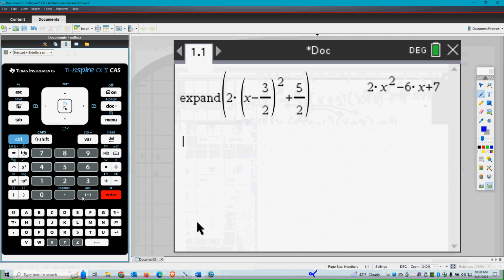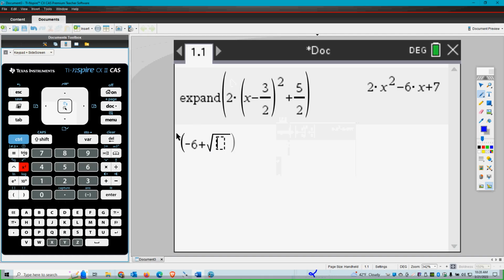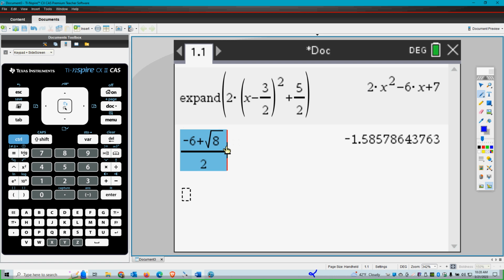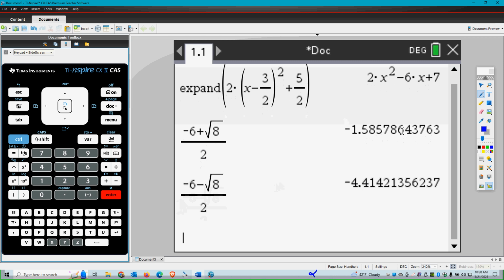We'll get these parentheses actually. Negative 6 plus the square root of 8, and then the whole thing divided by 2. We'll copy that, paste that, put a minus there. All right, so we get negative 1.6 and then negative 4.4.